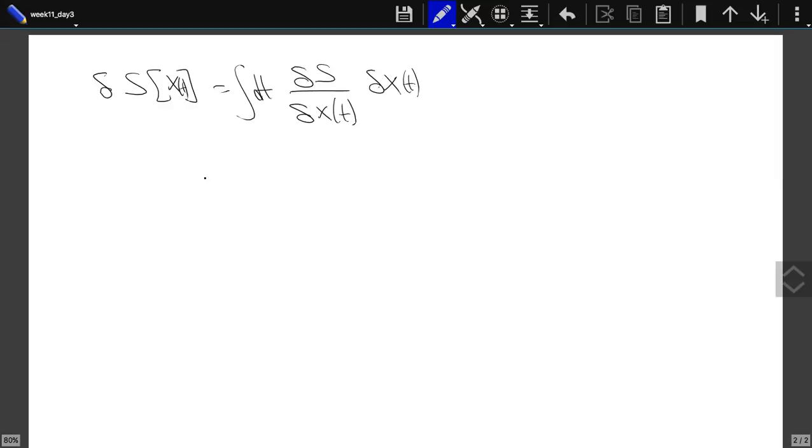You sum over all the i's. So before going to the continuous limit, it is a function of all the x_i's, the points through which your trajectory passes. And this you can define as, here it's kind of an ordinary derivative.